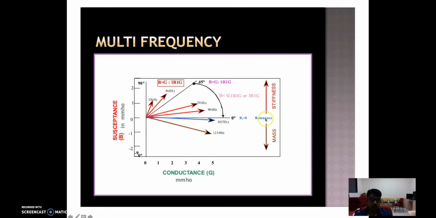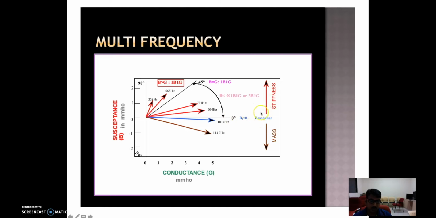That would lead to a phenomenon called resonance at this point, where the total admittance is only because of resistance, because mass and stiffness cancel against each other, as they contribute to the impedance reaction in equal quantity but in opposite direction. There is no contribution by the mass or stiffness, rather it would be only because of the resistance. So in that case we would call it resonance.